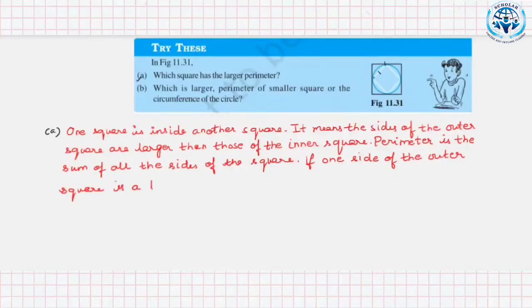If one side of the outer square is A, then all the sides measure A. As it is a square, the measurement of all the sides will be the same.